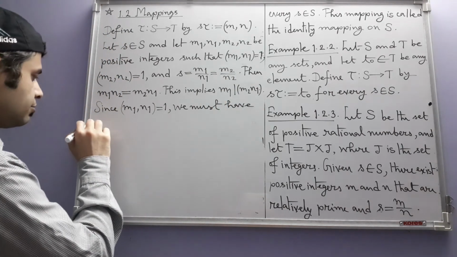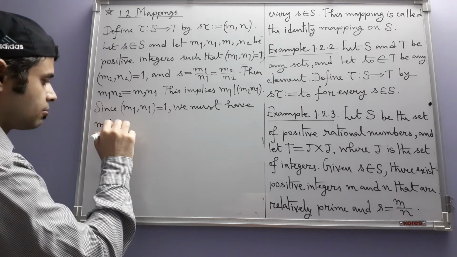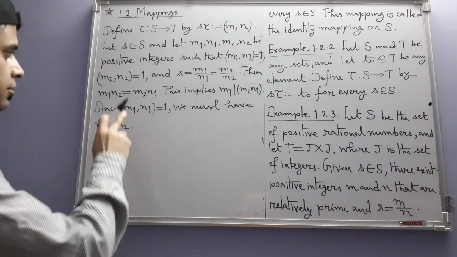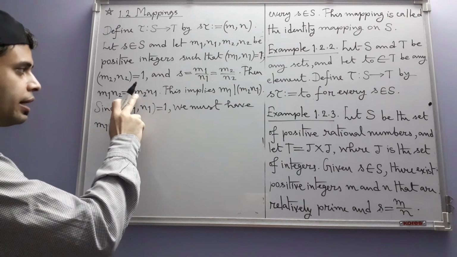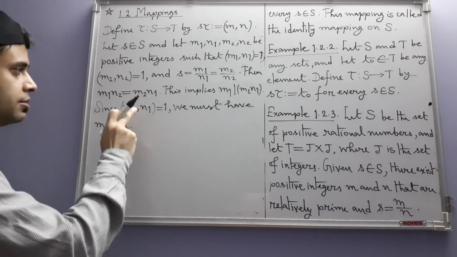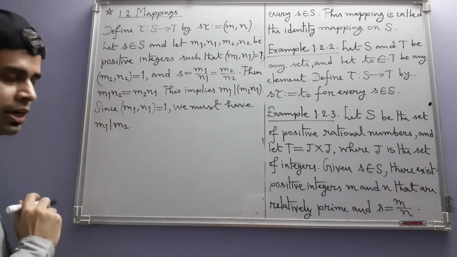We must have m1 divides m2. In a similar manner, you can see that m2 also divides m1 n2, and since m2 and n2 are relatively prime, m2 has to divide m1.